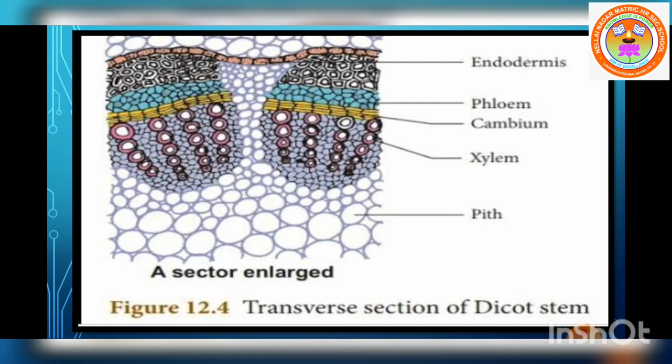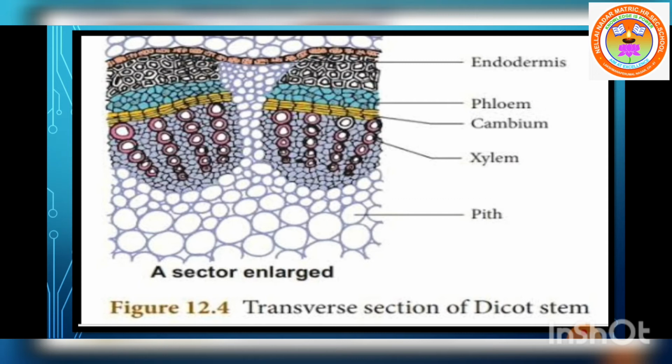In the stem of sunflower, a few layers of sclerenchyma cells occur in patches outside the phloem in each vascular bundle. See the picture. The vascular bundle consists of xylem and phloem. Just above the phloem, we can see a patch of sclerenchyma cells.